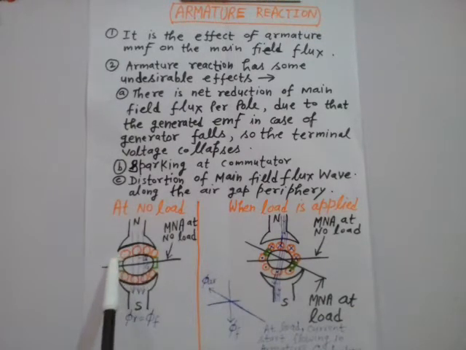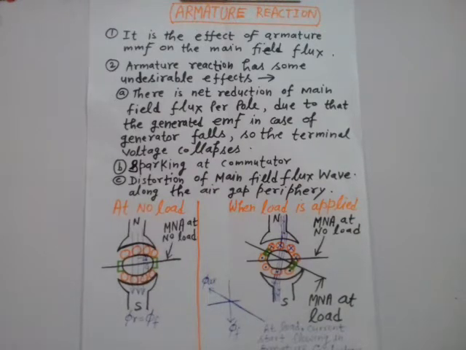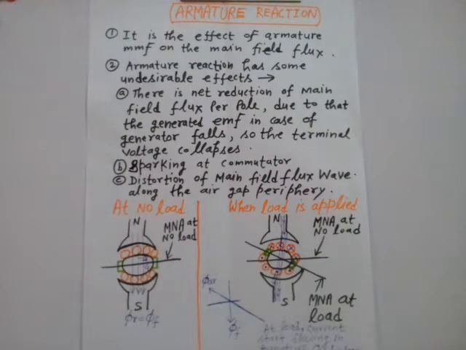That means when no load is applied, these will be the magnetic field lines from north to south, due to the main field flux. When no load is applied, there will be no currents in the armature conductors. So this is the unloaded condition.